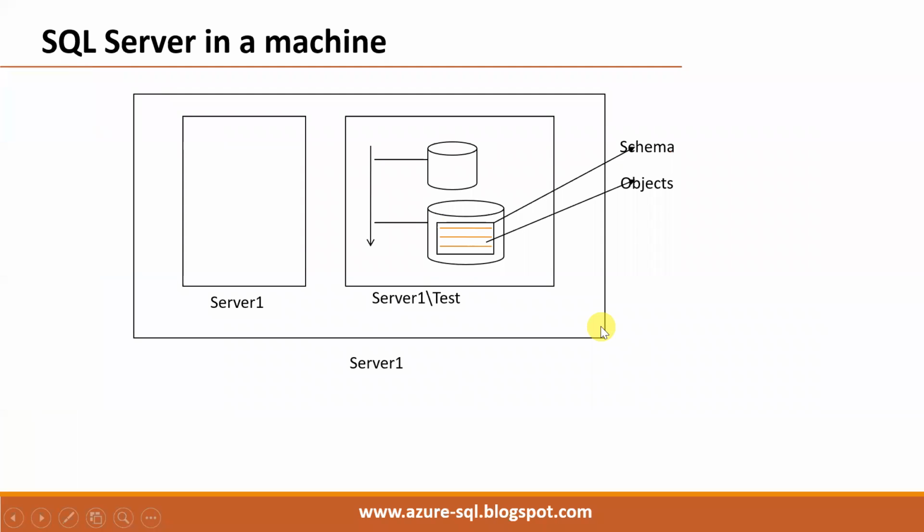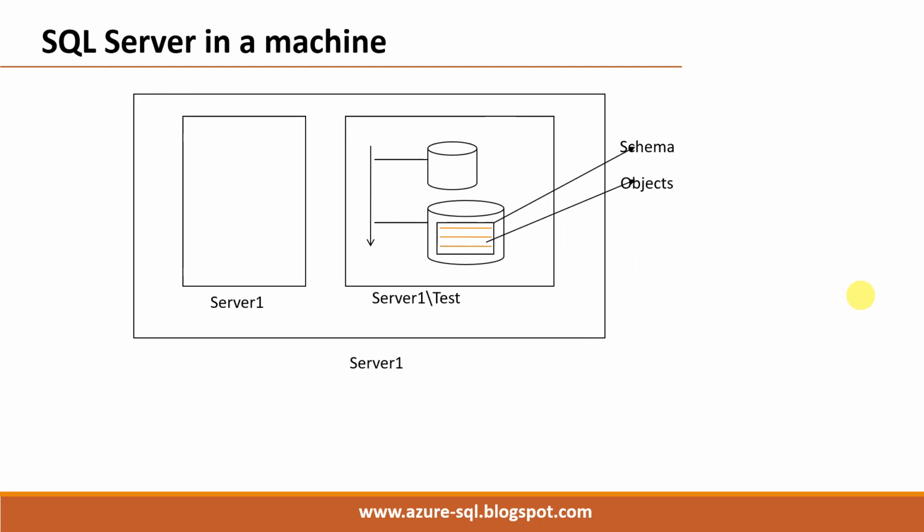Okay, yes, last session we have seen what is an instance. We have discussed what is an instance and two types of instances. Very quickly, just remember, an instance is basically whenever we install SQL Server one time, we call it one instance.